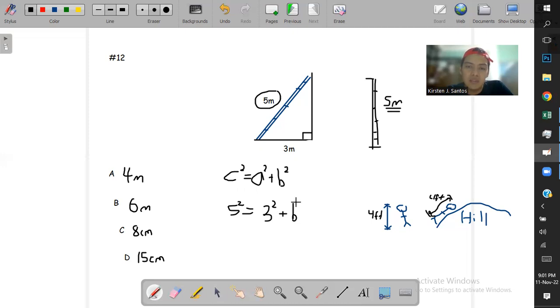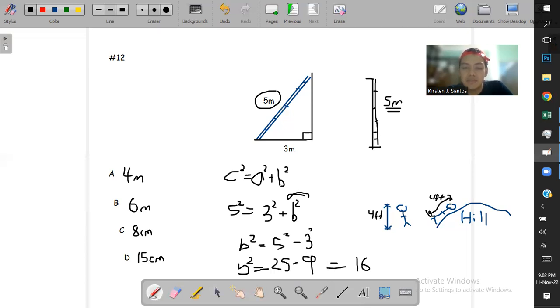Now we need to rearrange this so that b is the subject of the formula. So we have b squared is equal to 5 squared minus 3 squared, which is 25 minus 9, which is going to be 16.